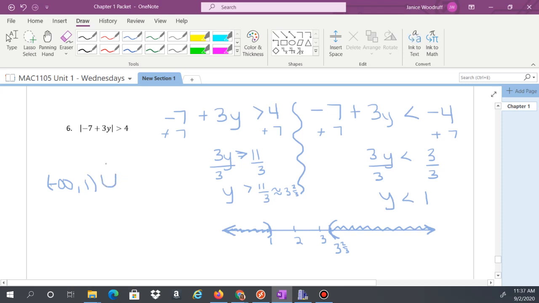You could just write or. Okay, and then 11 over 3 to positive infinity. It's not going to matter to me if you use the union or, but I cannot remember on my math lab if you actually have to type in the symbol or if it's just two separate boxes.